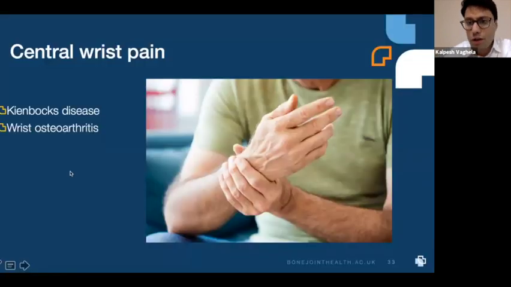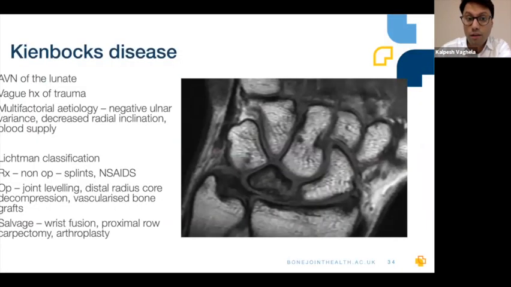We go into central wrist pain. I'll touch upon 2 subjects. There are lots of other diagnoses, but these are quite interesting things which you might see. Kienbock's disease is a condition where there's an avascular necrosis of the lunate, the bone within the proximal row of the wrist.